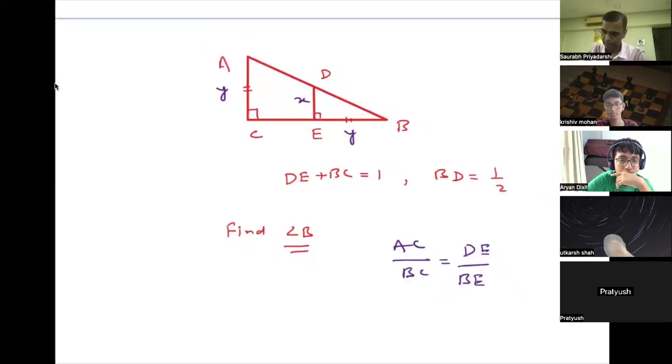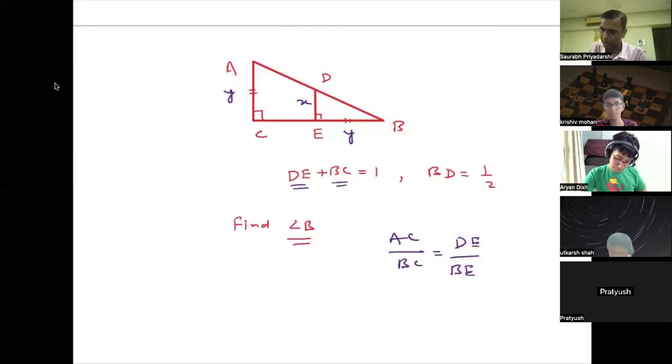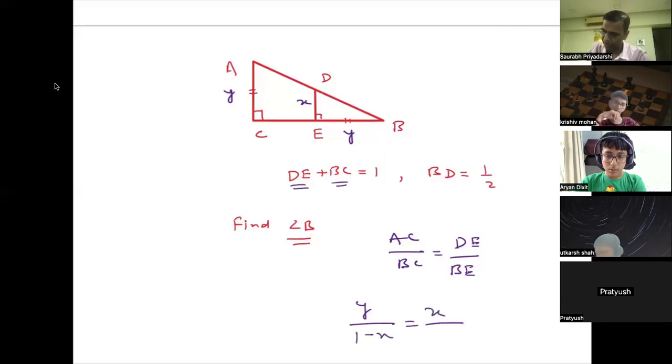And DE plus BC is given as 1. So can I write AC is y upon BC is 1 minus x, is equal to, DE is x only and BE is y only.